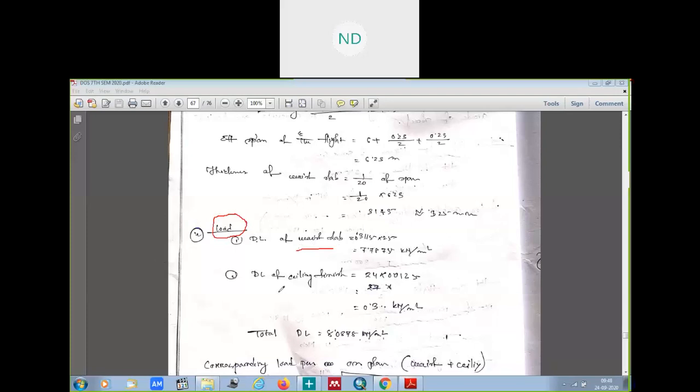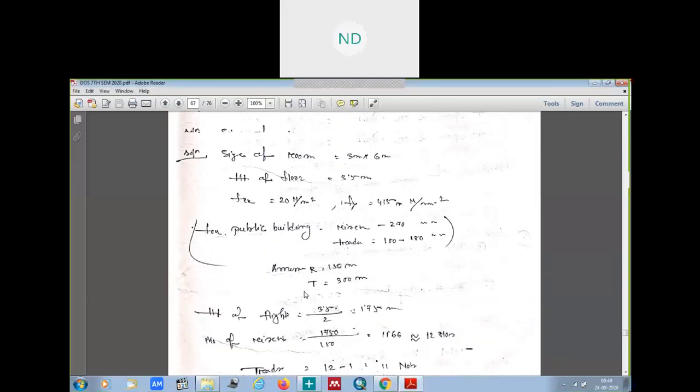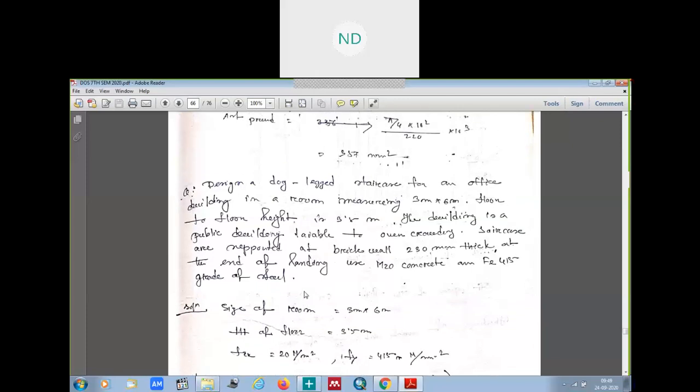Oh, okay, one minute. In the question, I think I have missed something: the ceiling finish. You can add it in the question. Consider the ceiling finish to be 12.5 mm. Maybe it is not mentioned here.